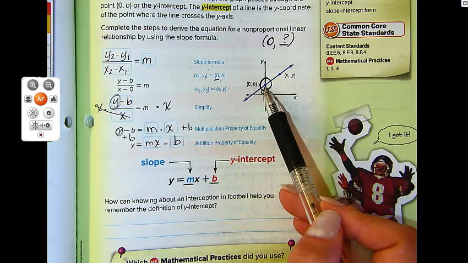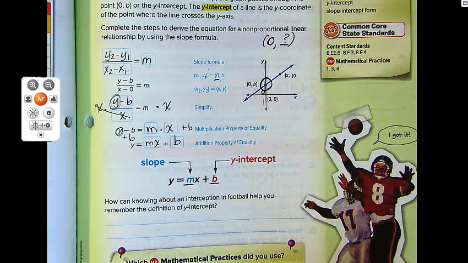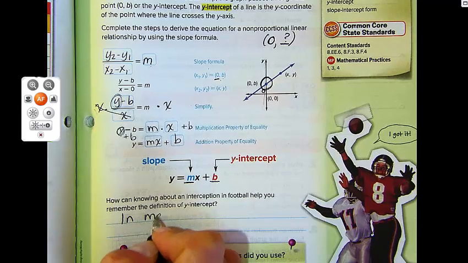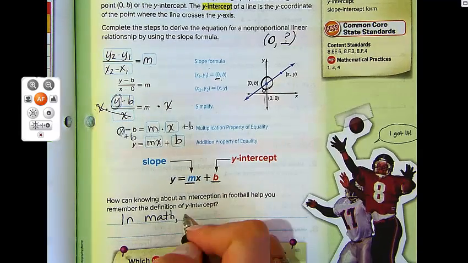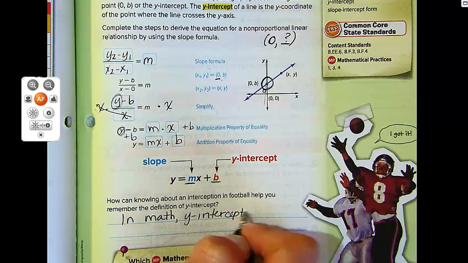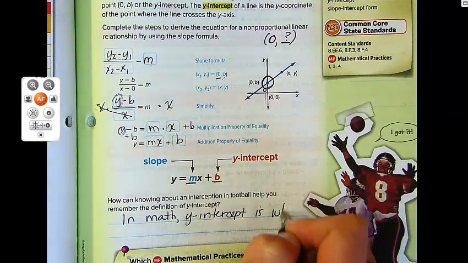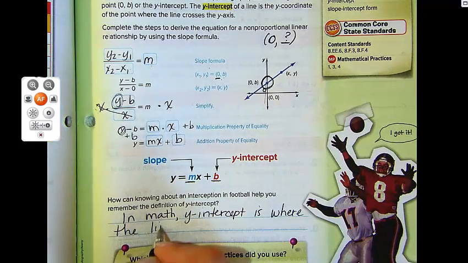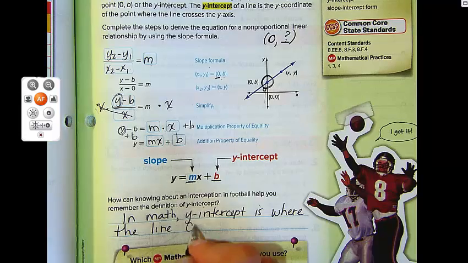Okay? And it says, how can knowing about an interception in football help you remember the definition of a y-intercept? Well, in math, the y-intercept is where the line crosses the y-axis.